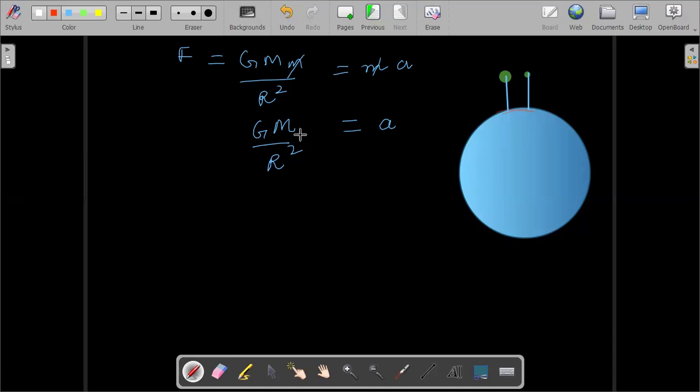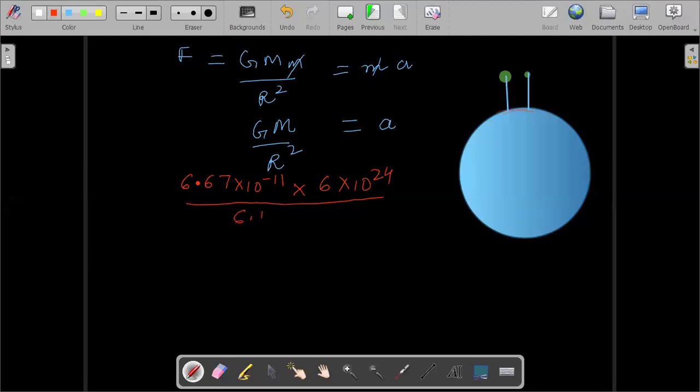Okay, so if I find out this value of the acceleration, I put the value of G, which is 6.67 multiplied by 10 to the power minus 11, multiplied by the mass of the earth, which is 6 multiplied by 10 to the power 23, divided by the radius of the earth, which is 6,400 kilometers.